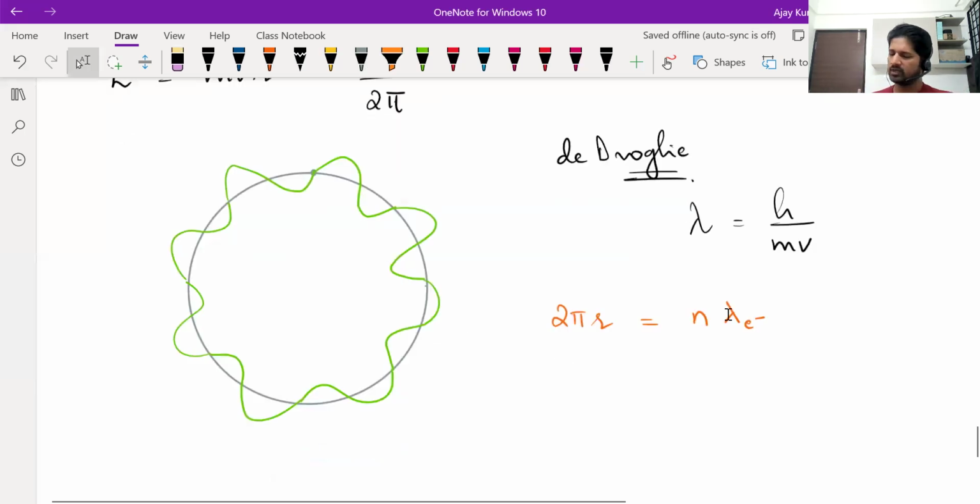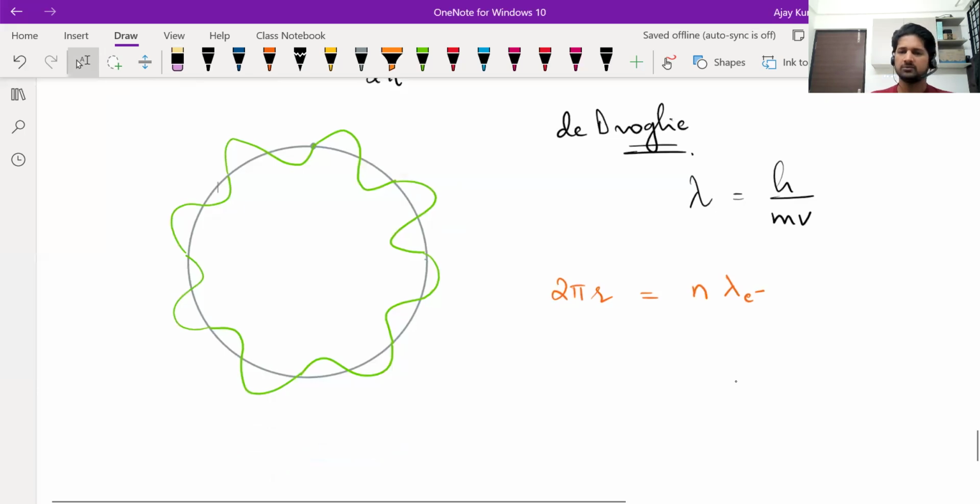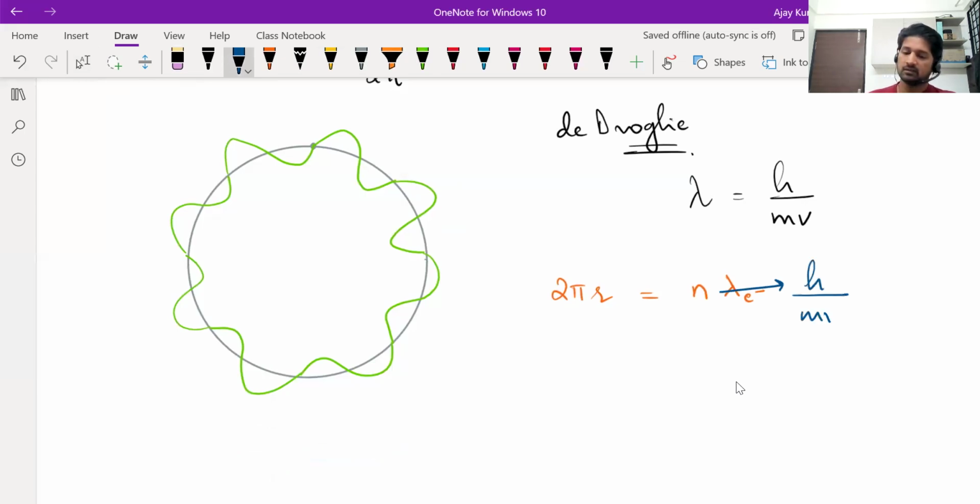Now 2 pi r should be equal to n times the wavelength. Treating the electron as a wave, its wavelength becomes h by mv, right? Therefore, you send mv this side, 2 pi that side, and you get mvr is equal to nh by 2 pi. And this is exactly what Bohr said. So the de Broglie hypothesis supports Bohr's theory of the atom.